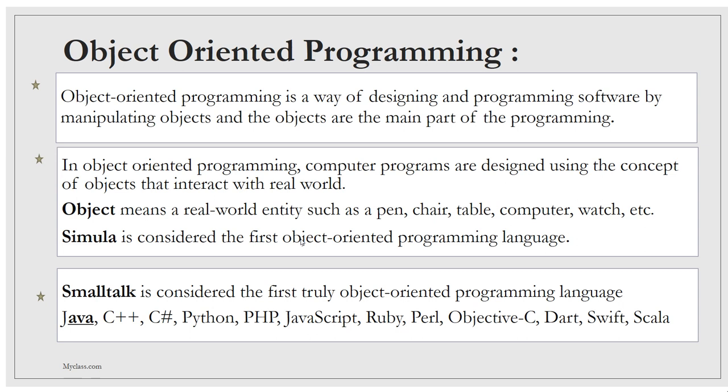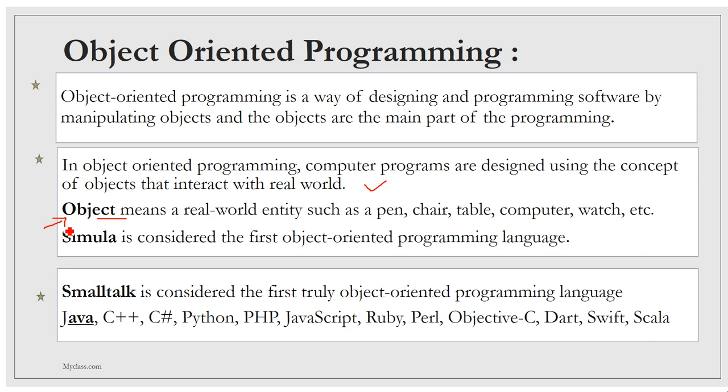First we make the class, then the object, and only then are we concentrating on the logic of our program. In object-oriented programming, computer programs are designed using the concept of objects that interact with the real world. Actually, what is an object? Object means a real-world entity such as pen, chair, table, computer, watch, etc. All real-world entities we can name as objects.